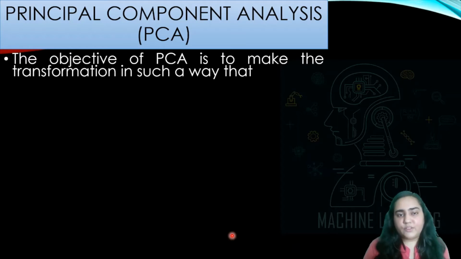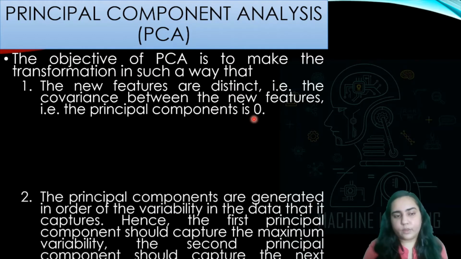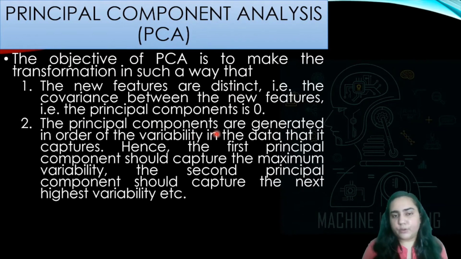And the objective of PCA is to make the transformation in such a way that the new features which are created are distinct. So the covariance between them is 0. And the principal components are nothing but the new features that you have created. They are generated in order of the variability in the data that they capture.